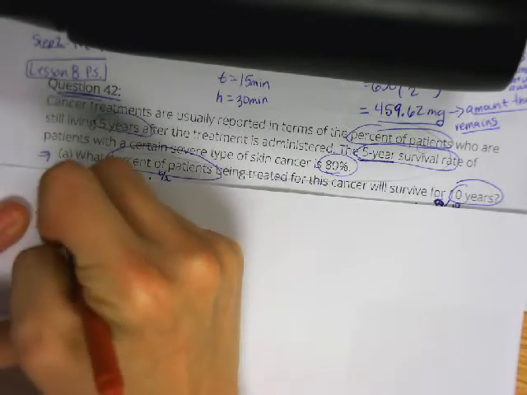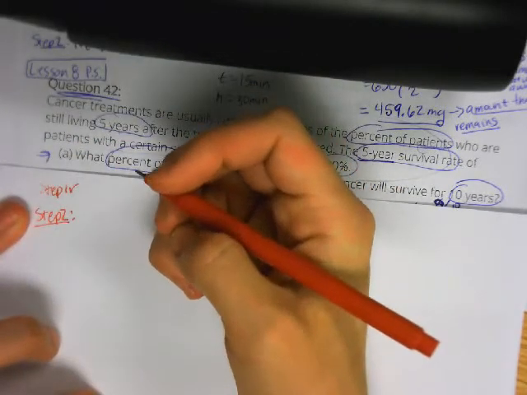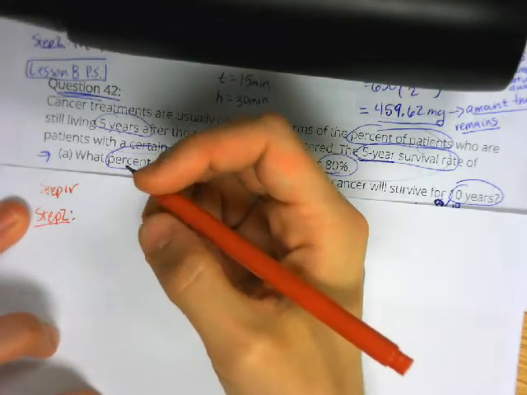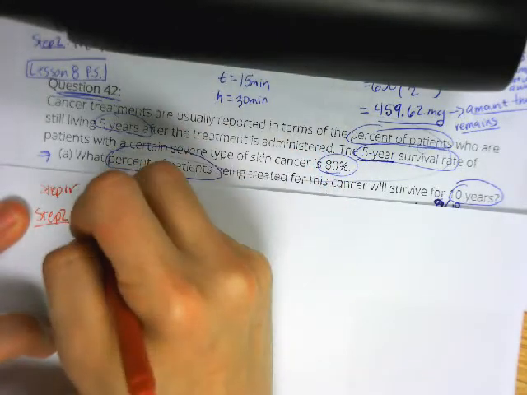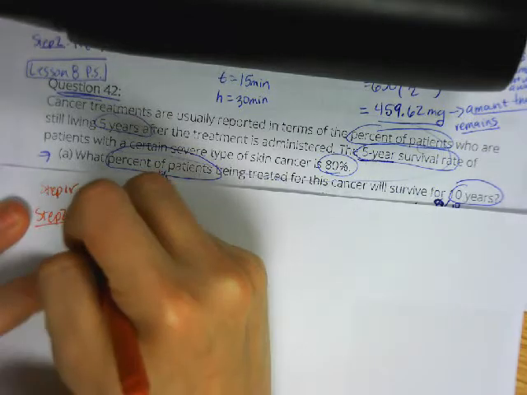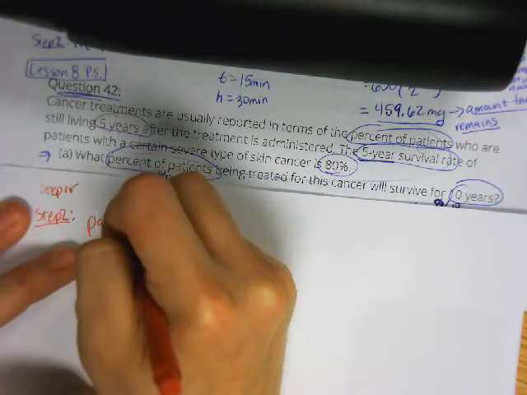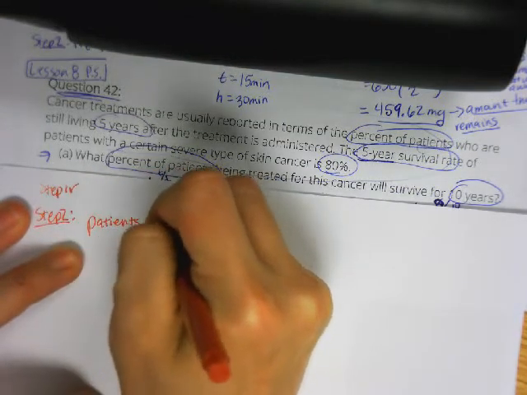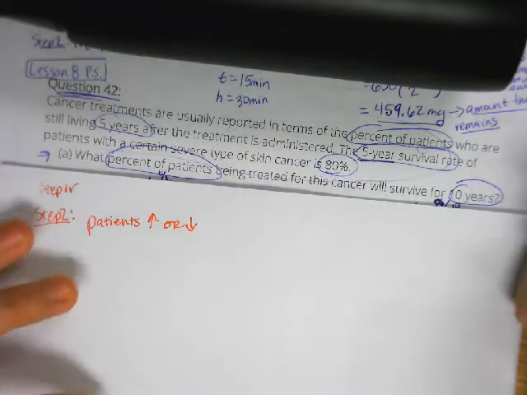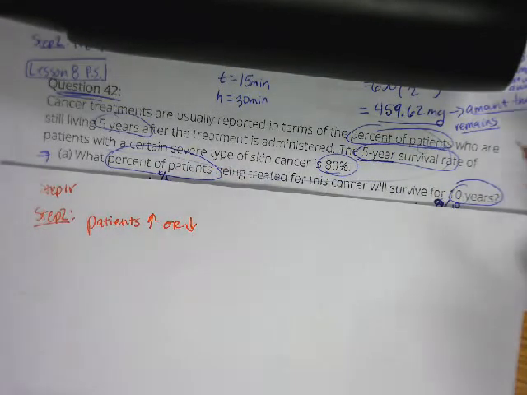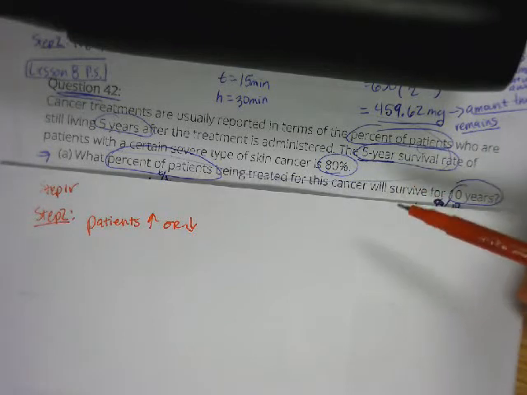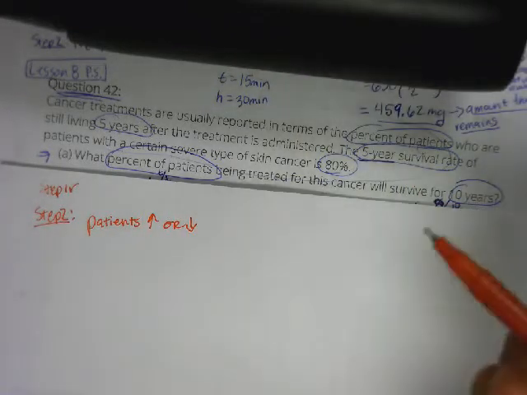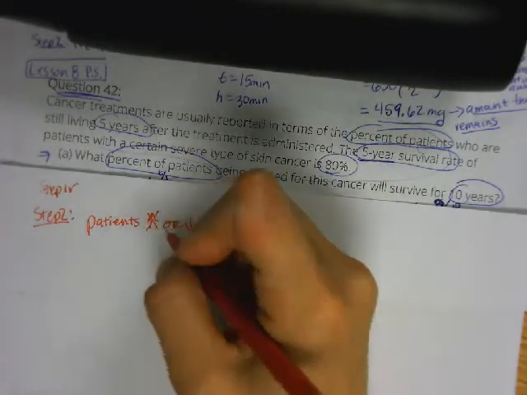For step 2, I need to identify my formula. And here we're talking about patients. I need to think, is my patient population going up or down? It's a little bit of a sad problem, but the patient population is not going up.